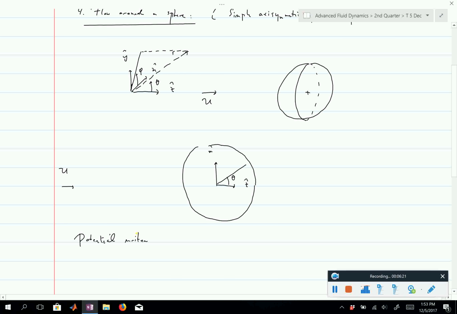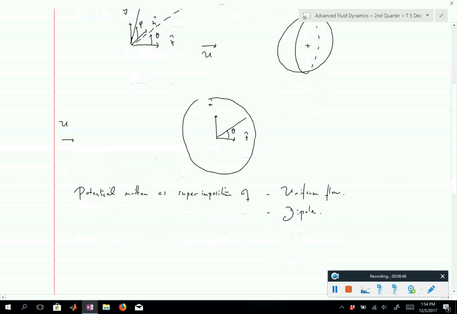The potential can be written as a superimposing of a uniform flow and a dipole.